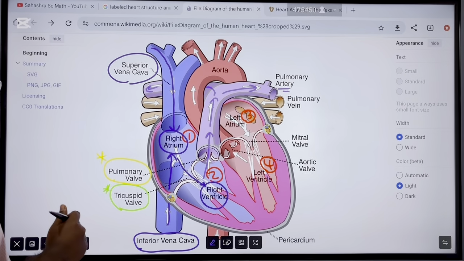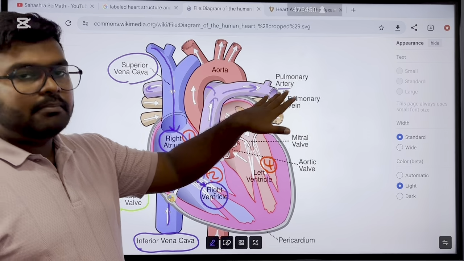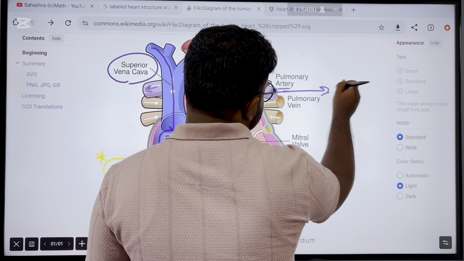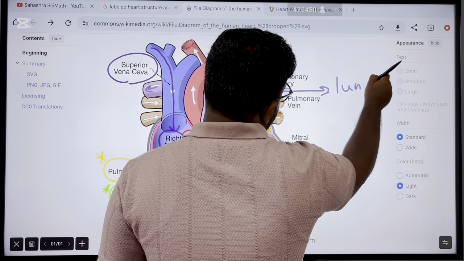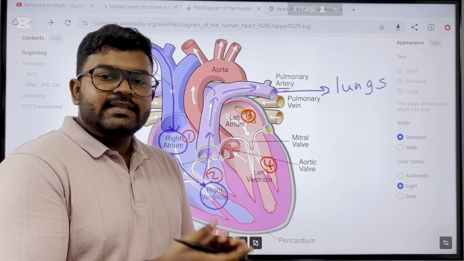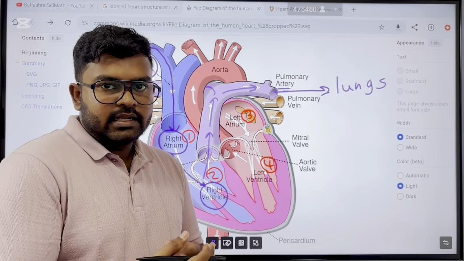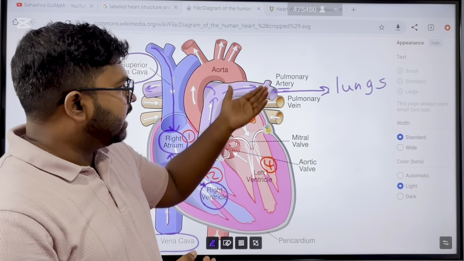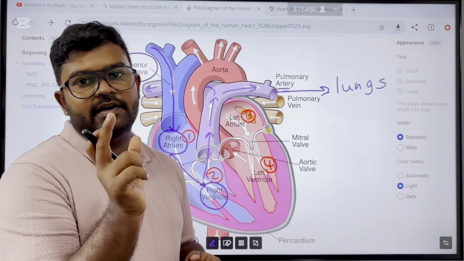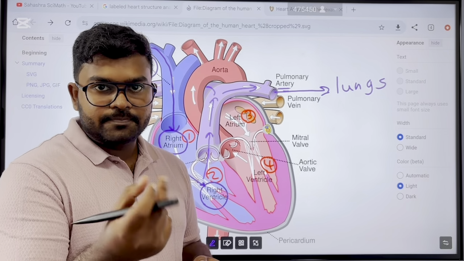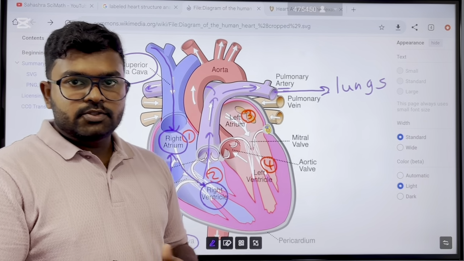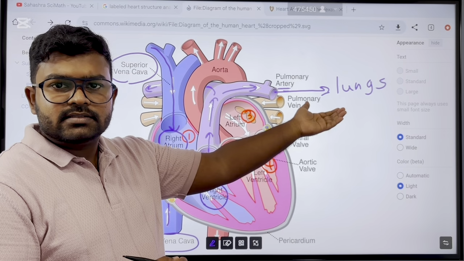Then what happens? After entering the pulmonary artery, blood enters into the lungs. Pulmonary means related to the lungs. So you have to remember: pulmonary artery, pulmonary vein. The term pulmonary is related to the lungs. So the pulmonary artery carries blood into the lungs. What happens at the lungs?